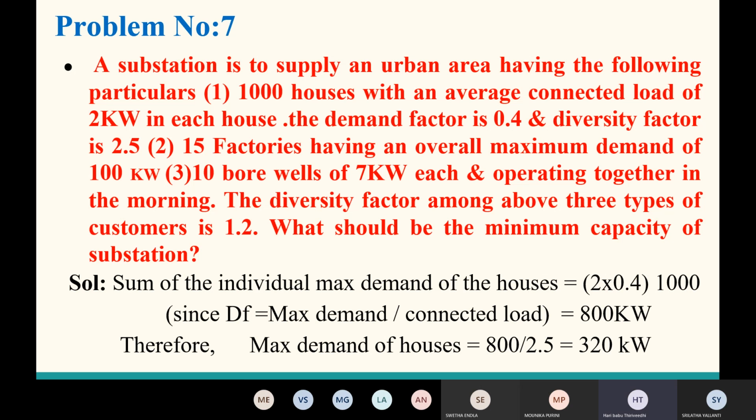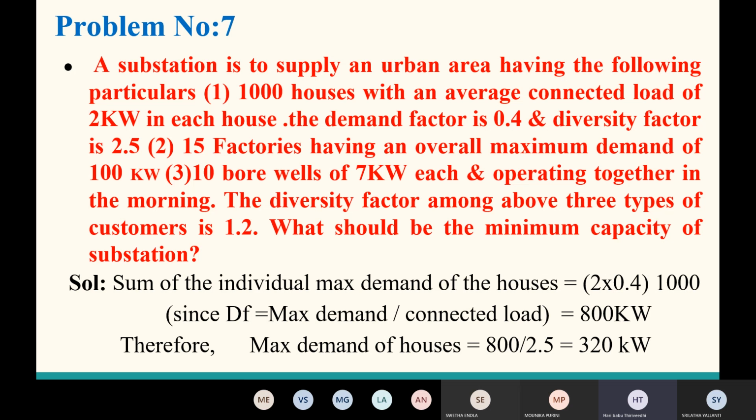So next problem. A substation is to supply an urban area having the following particulars. First one, 1000 houses with an average connected load of 2 kilowatt in each house.